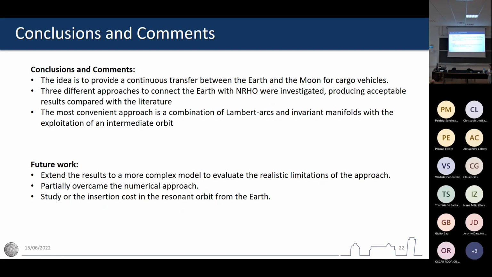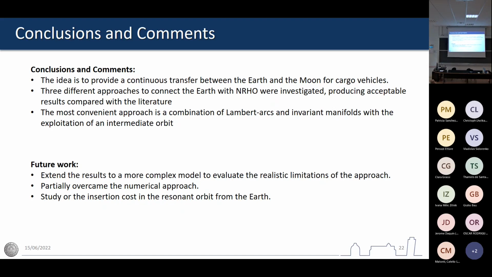And we proposed 3 different approaches based partially on the stability properties of the non-Keplerian orbits that we have in the Earth-Moon restricted three-body problem. And we found out that the best solution was a combination between natural dynamics, natural stability, and a kind of brute force approach that is the Lambert-Arcs.